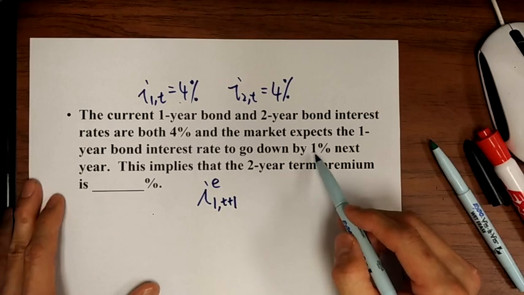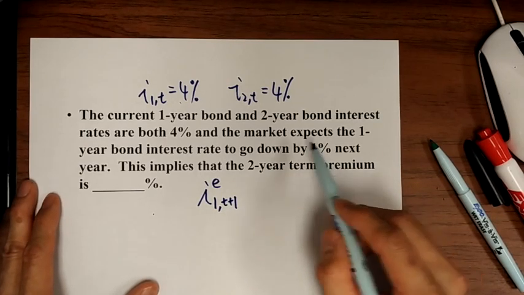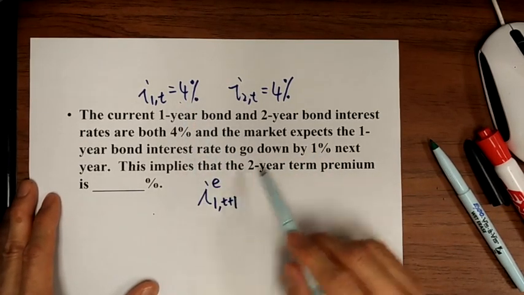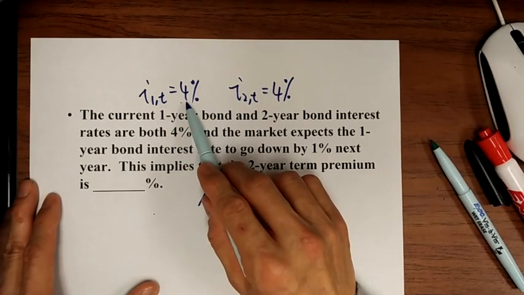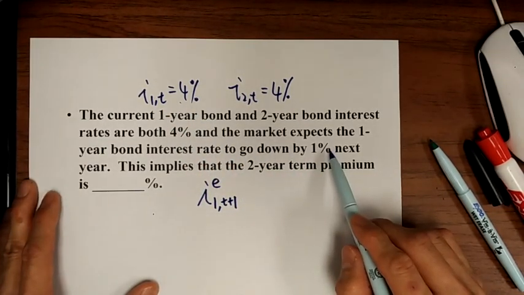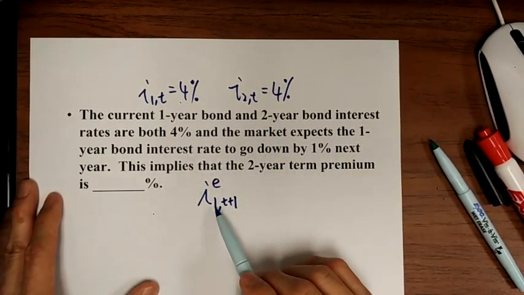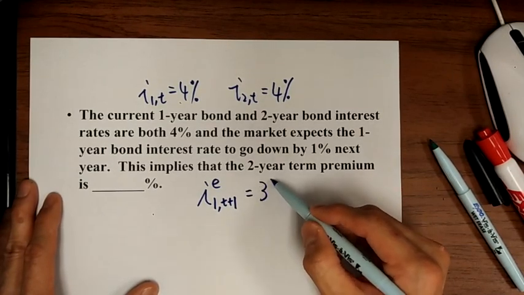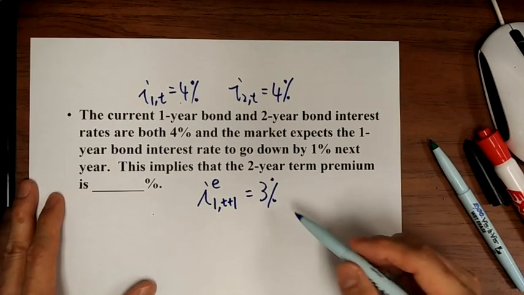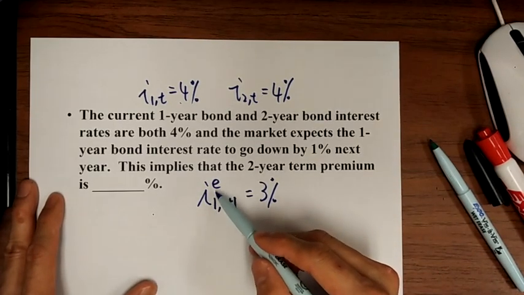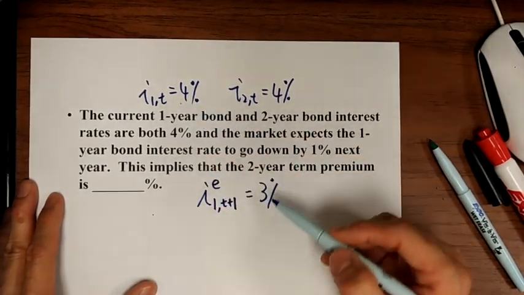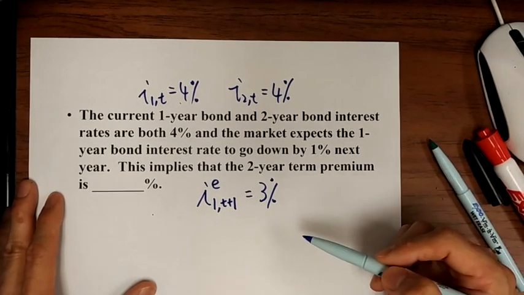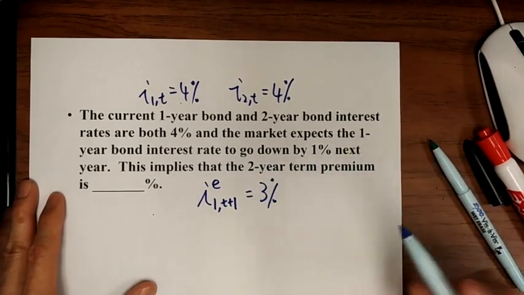What is the 1-year bond interest rate now? The answer is 4%. So the market expects this interest rate to go down by 1%. So the market expects the 1-year bond interest rate next period to be 3%. That is, go down from 4% to 3%, go down by 1%.